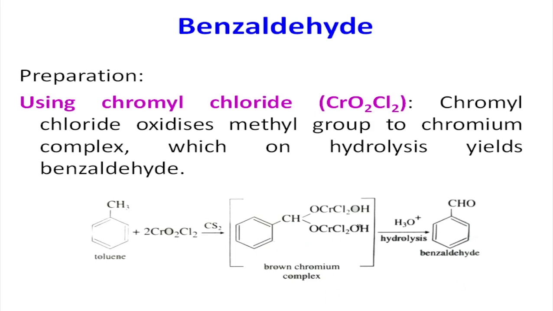So chromyl chloride oxidizes the methyl group, and you get this product. After that, hydrolysis: adding water, you get benzaldehyde.